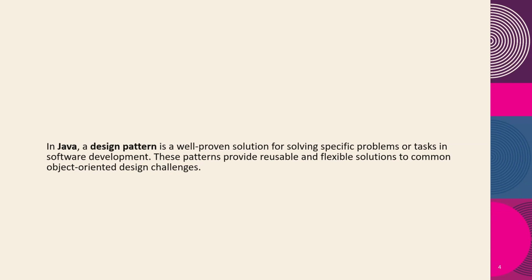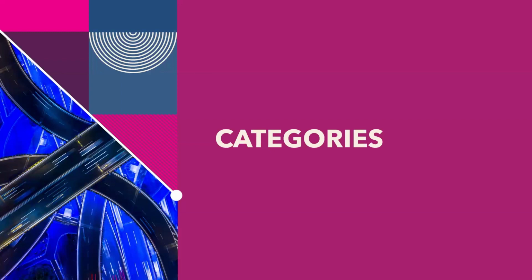Okay, next we talk about the categories of design patterns. Based on the problems we face during the software development cycle, we have broadly three categories. When we think about the problems of creating objects, there are some design patterns which will help you solve this.